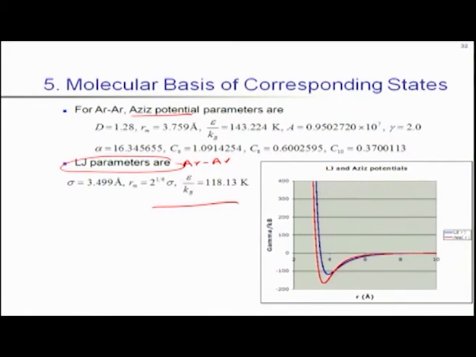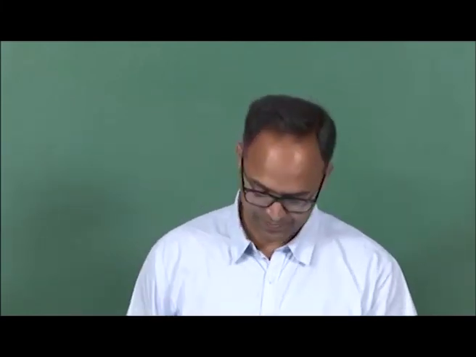Very close by, and thus we lose some information, and Aziz is a very accurate potential. So, we lose some information if we use simple models such as LJ, but we need to be able to use such models analytically or numerically, and thus we do not prefer very complicated though correct models; we would rather prefer a simple analytical model which can be solved easily.